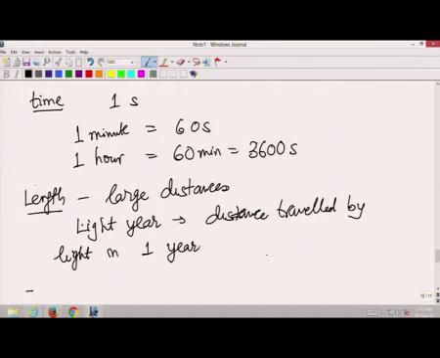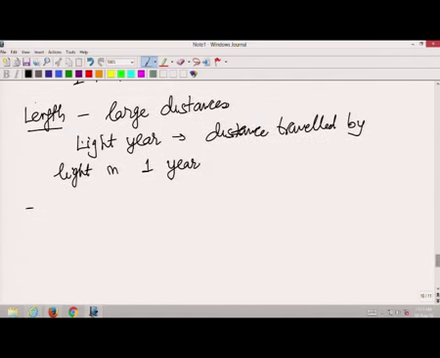So, different multiples of the basic units could be there, and derived units will be a combination of different basic units in the SI system.